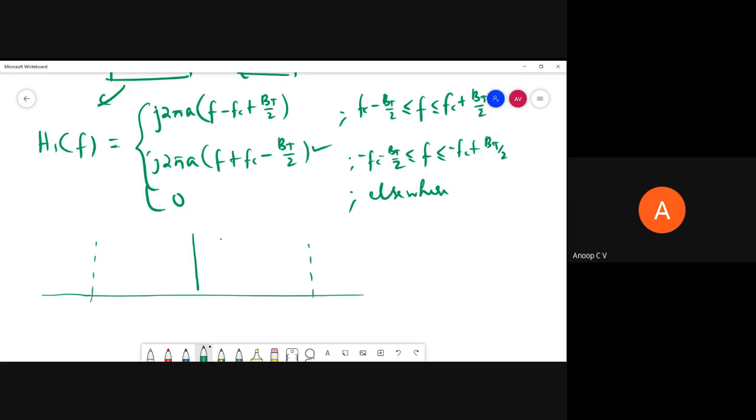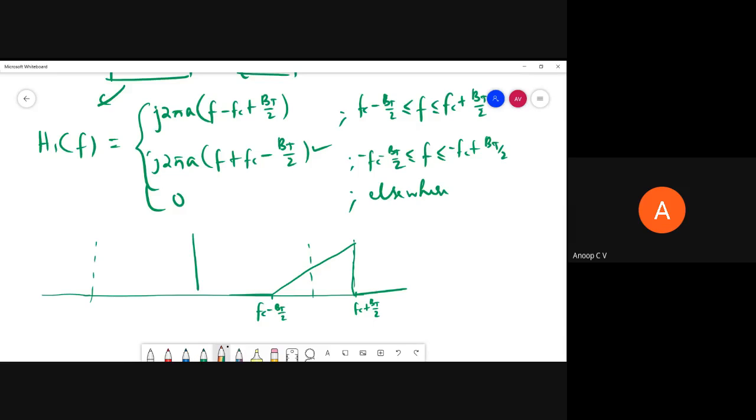It should be a straight line from fc minus bt by 2 to fc plus bt by 2. The transfer characteristic should be like this, and elsewhere it should be equal to 0.